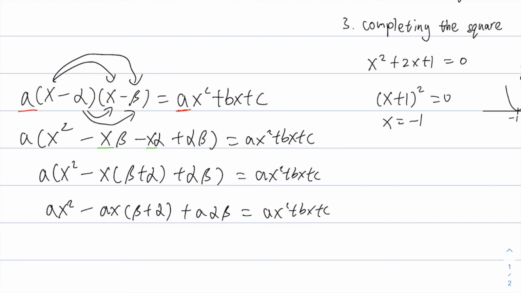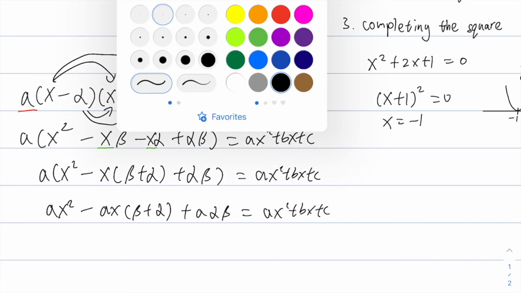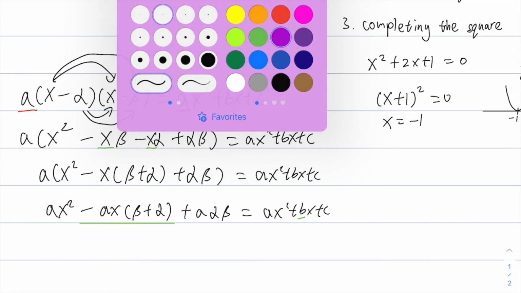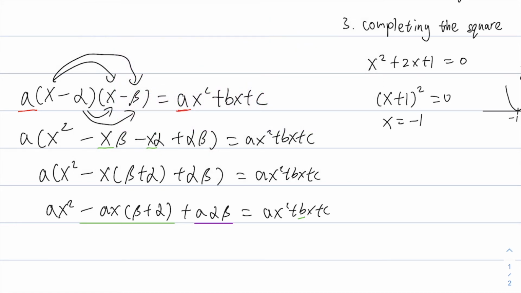So notice bx is equal to negative ax times the bracket beta plus alpha, and a times alpha beta is equal to c.